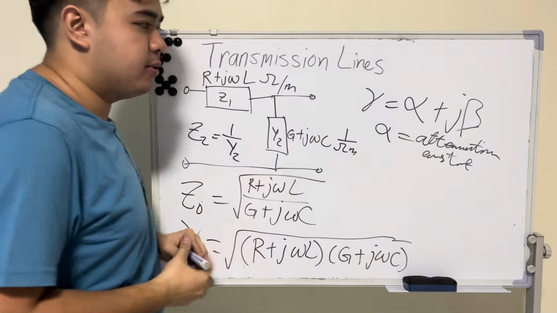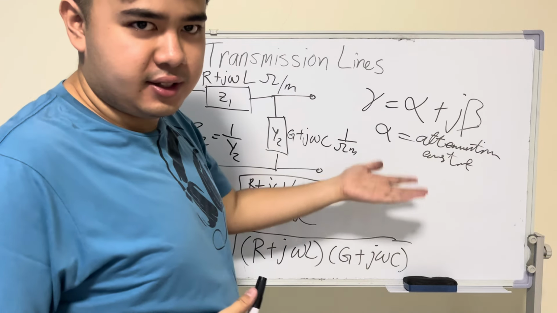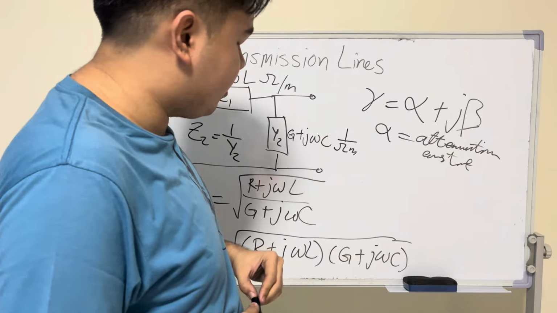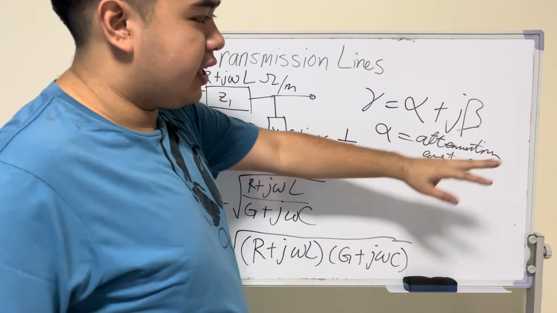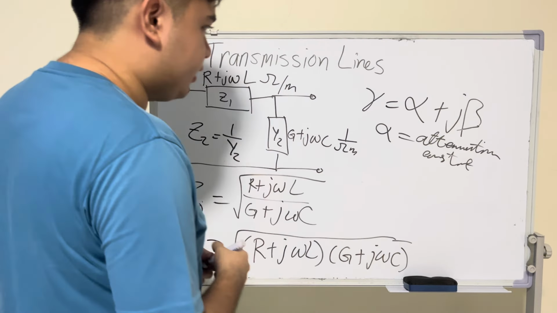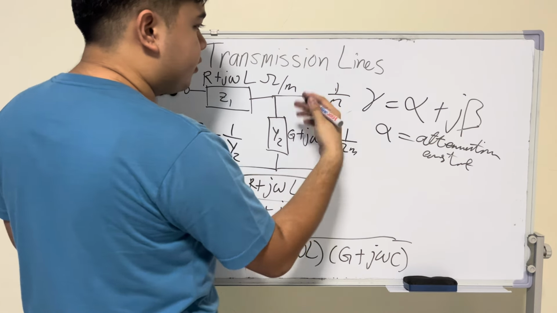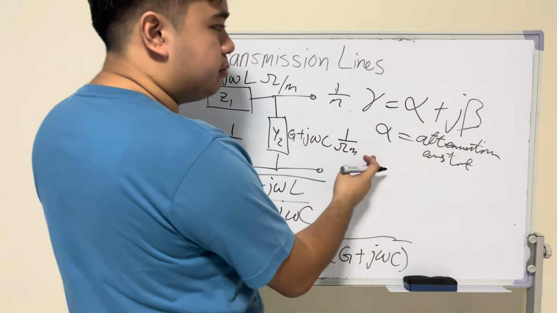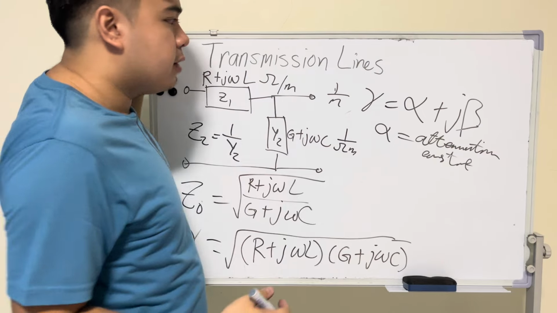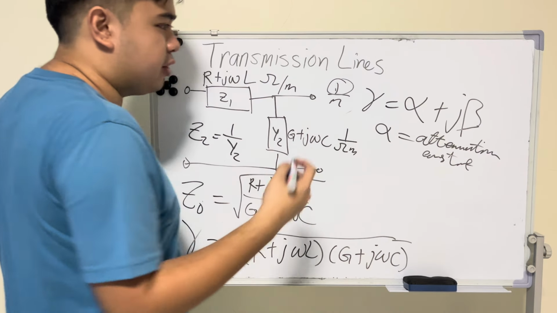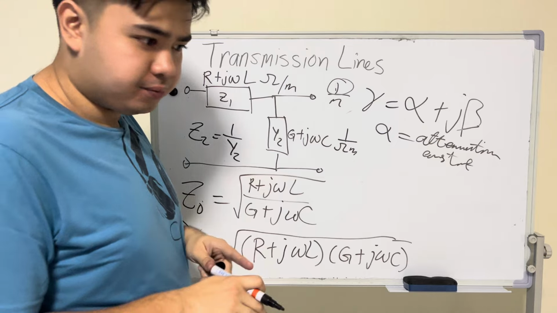It tells us how a certain signal actually attenuates over length, right? Since its unit is per meter or inverse meters, this unit should be inverse meters. But what is the one doing? How can we have that?